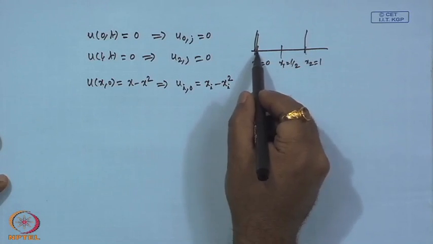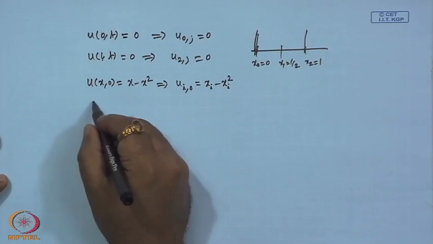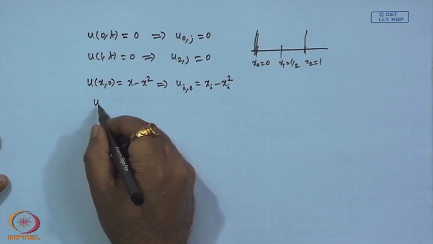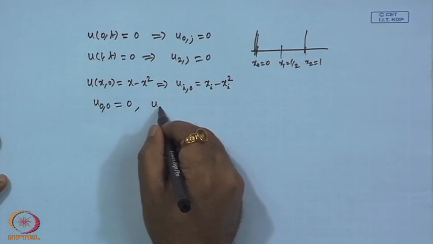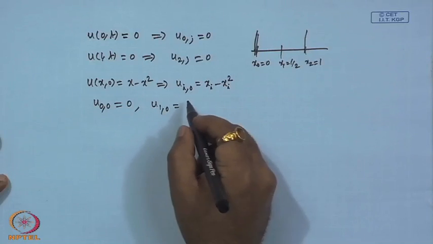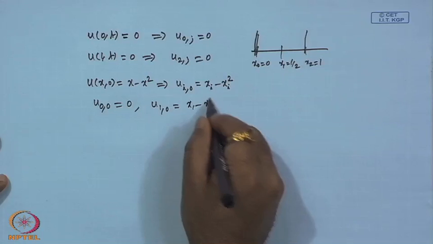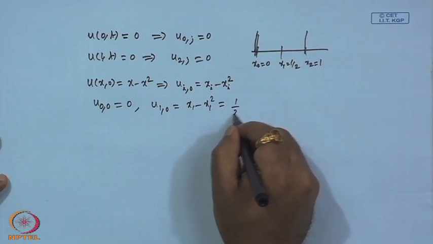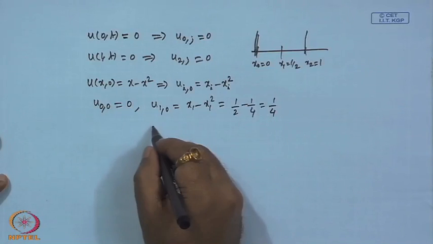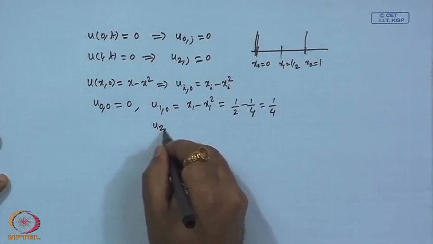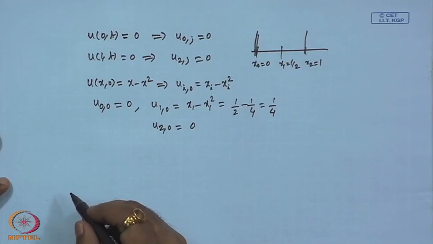So, accordingly the initial values at these grid points we can compute. u_0,0 is 0, u_1,0 is x_1 minus x_1 square. Then u_2,0 is 0. Okay.